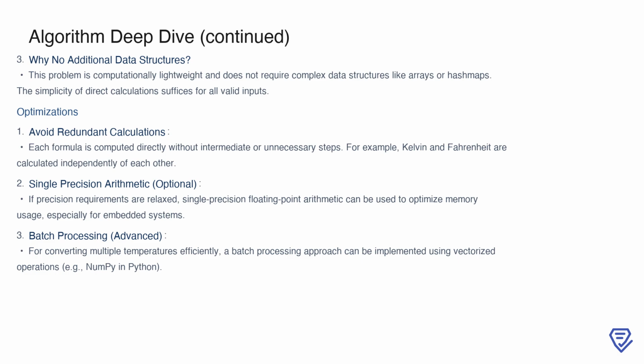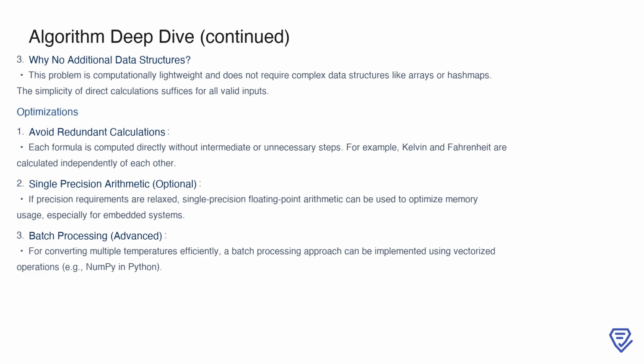Finally, the simplicity of the problem means no additional data structures are required. Since the algorithm performs direct calculations, structures like arrays or hash maps aren't necessary. Each computation is lightweight and efficient, making the algorithm suitable even for constrained environments. Optimizations include avoiding redundant calculations by ensuring Kelvin and Fahrenheit are computed independently and directly. For systems with relaxed precision requirements, single precision floating point arithmetic can be employed to reduce memory usage, particularly in embedded systems.